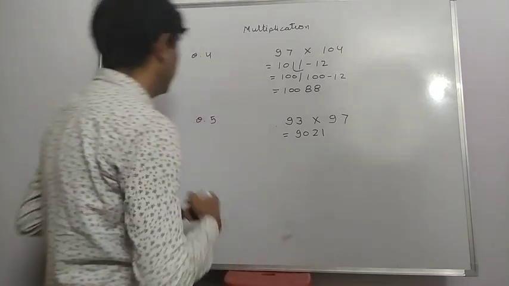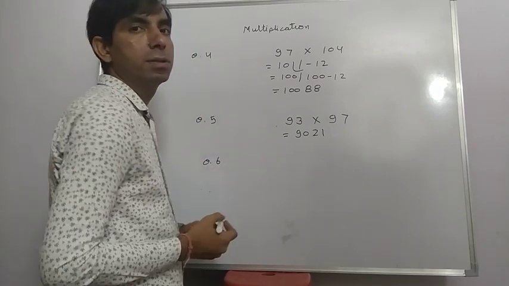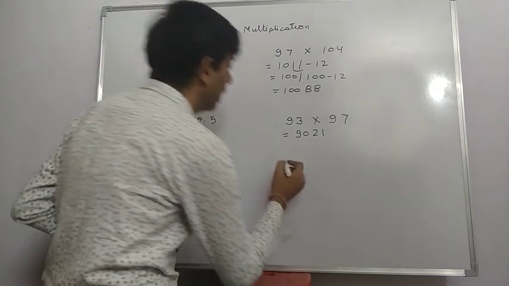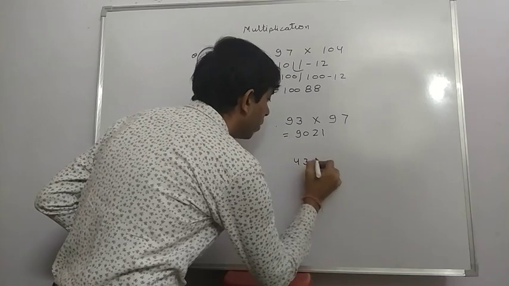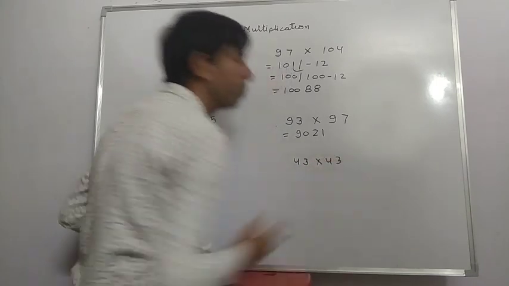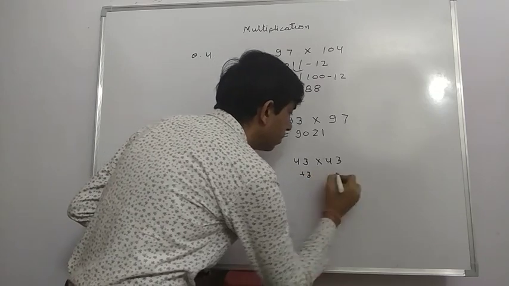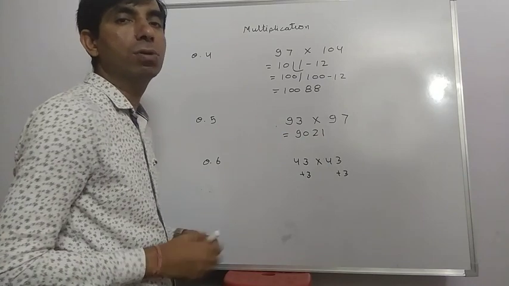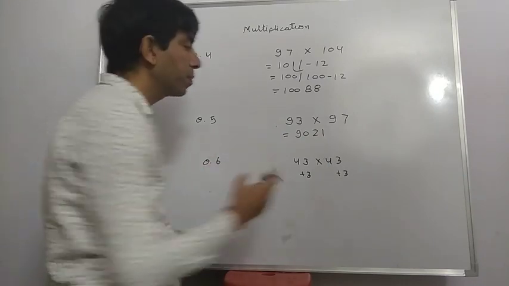In solving, sometimes we can use some language. We can use it just like 43 multiply 43. Okay, then the deviation is +3, +3. In this way we write it, so we cannot get confused in any step.